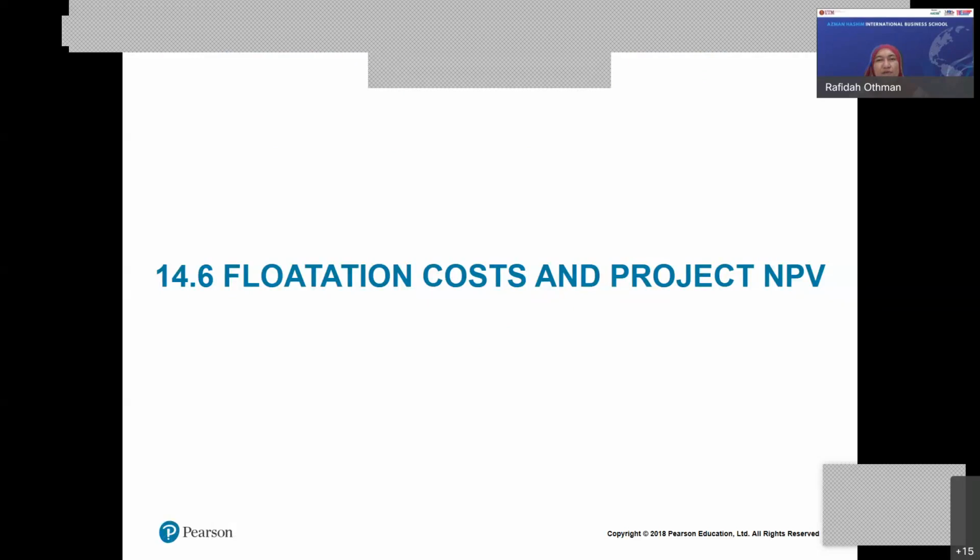Very simple. This flotation cost is about, for instance, a project of 1 million. For you to issue common stock or preferred stock, you may need 100,000.